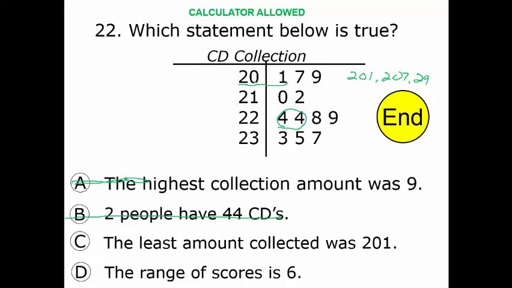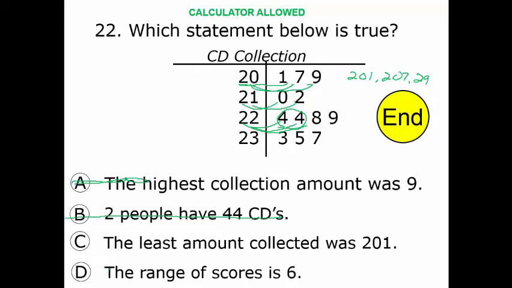Remember, when I go back to this top line, this actually says 201, 207, 209. This is 210, 212, 224, 224, 228, and so on. So right now, 201 looks like the least number. So C looks correct. I always double check.